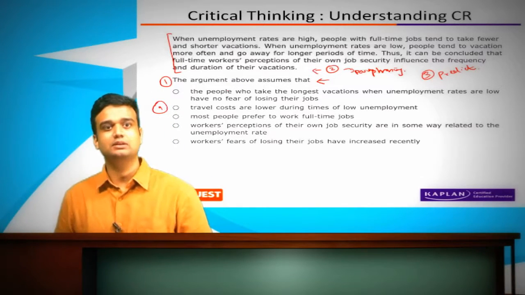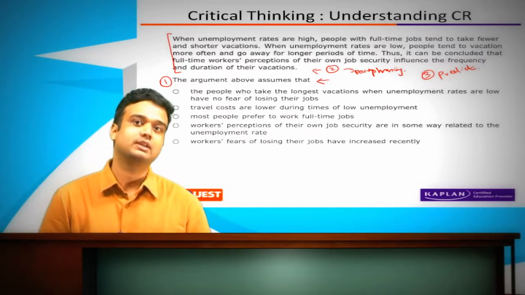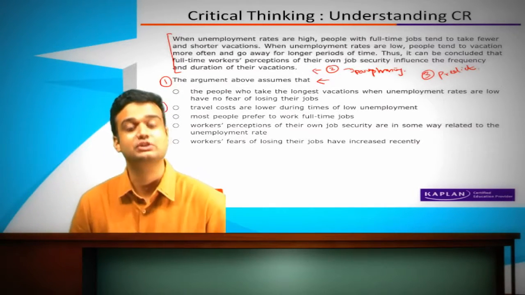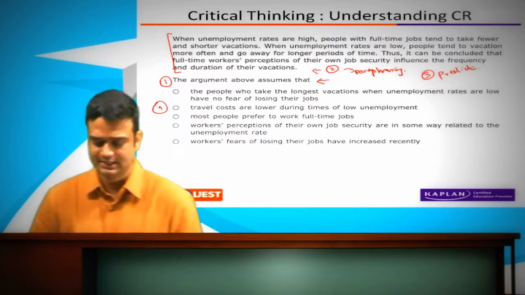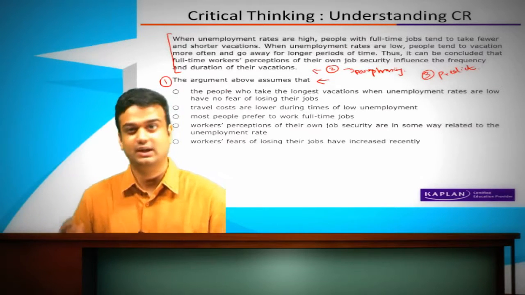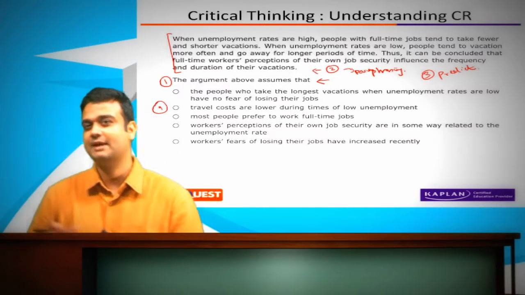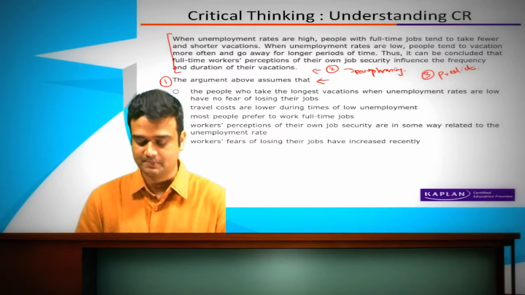Thus, it can be concluded that full-time workers' perspectives of their own job security influence the frequency and duration of this vacation. So on face value, this argument looks nice, right? It seems logical, but know that it need not be. There might be certain things that the author takes for granted, and that's what we need to find out.